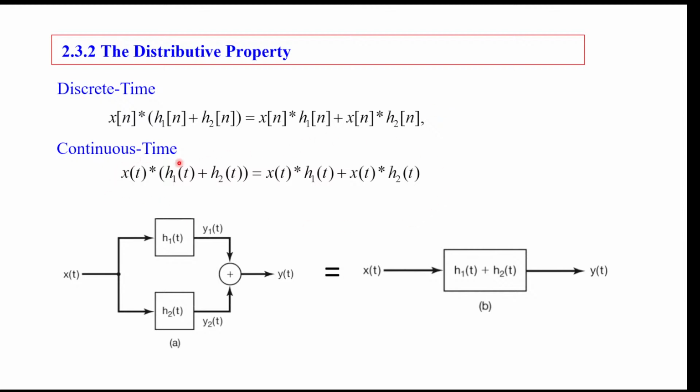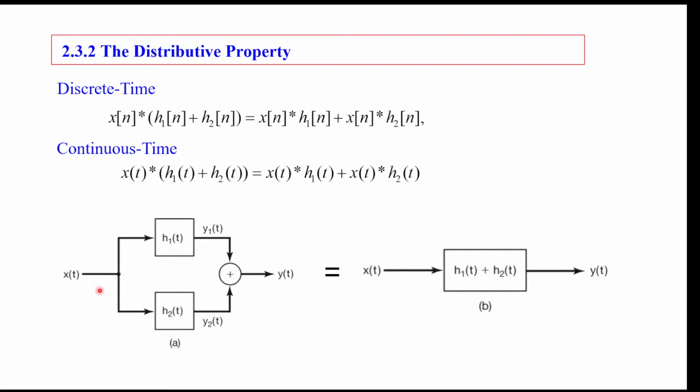Similarly for the continuous case. Here we have a pictorial way to describe this. We say that x of t, if you split it, you have two LTI systems. The first one is described by h1 of t, the second one by h2 of t.